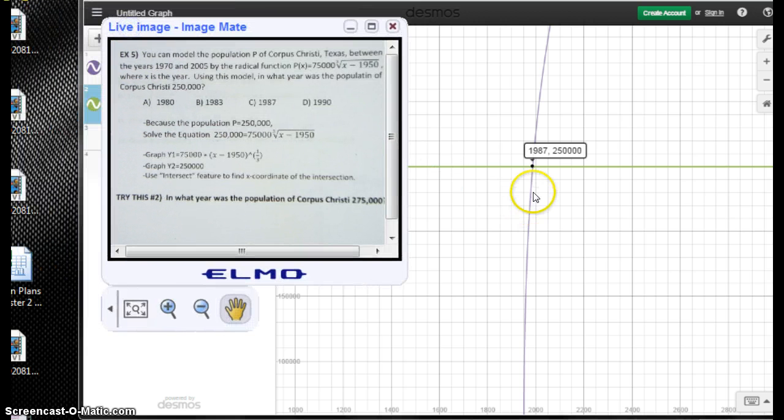That tells us that when you plug 1987 into the P function as x, the year, you will get 250,000, which means that in 1987 the population of this town was 250,000.